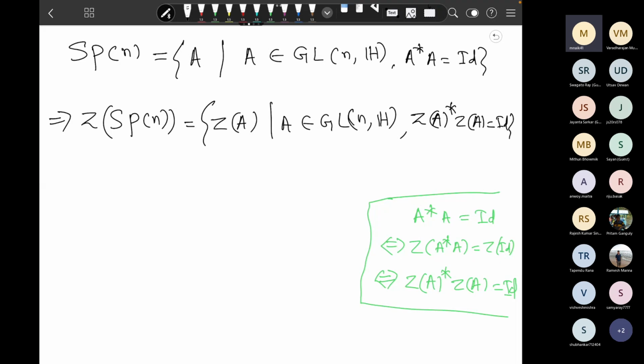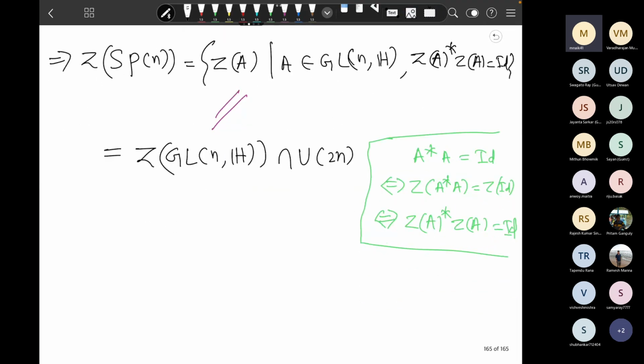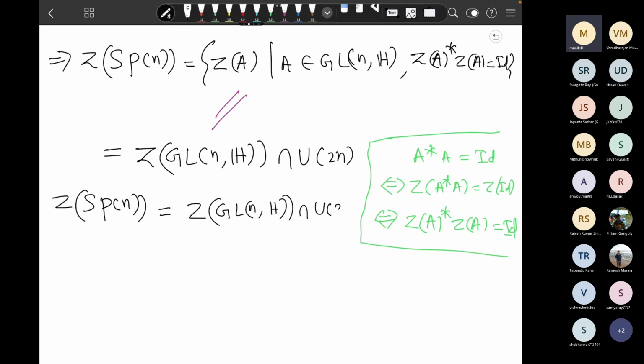So look at this right hand side very carefully. The right hand side is what? If you look, this is nothing but Z of GL(n,H) intersection U(2n). Okay, so I am getting that Z of Sp(n) is equal to Z of GL(n,H) intersection U(2n), and the same thing I can write in the complex picture.